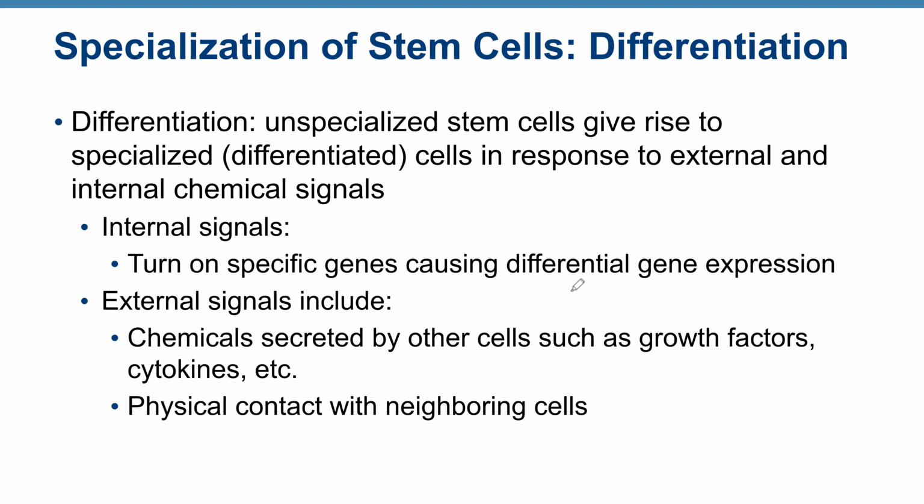If we turn on a signal to produce insulin, then a cell will produce insulin, so it can be one of your pancreatic cells. Those are internal signals, and external signals we will discuss further in this chapter. But it's going to be chemicals that will guide the differentiation of the stem cells into a specific lineage.